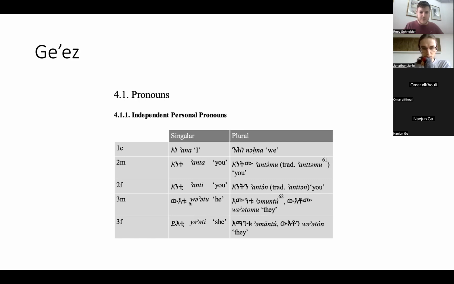Any thoughts about these weird third person pronouns in Ge'ez or where they could have come from? I'll leave you to think about that for a minute and go to the bathroom in the meantime.